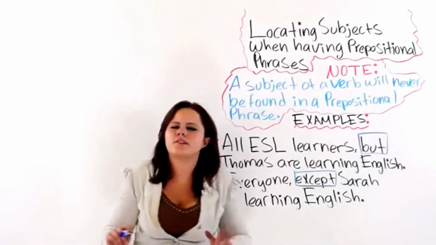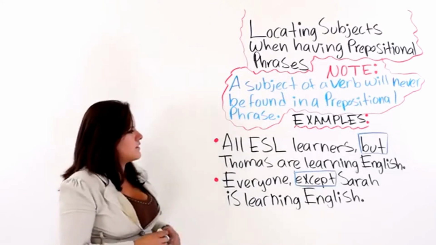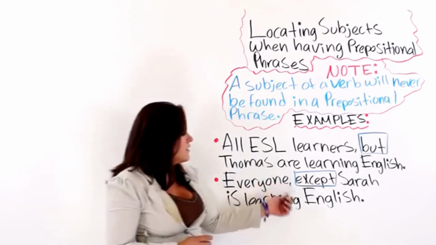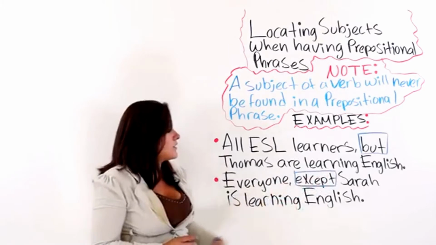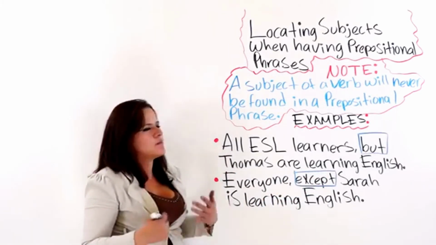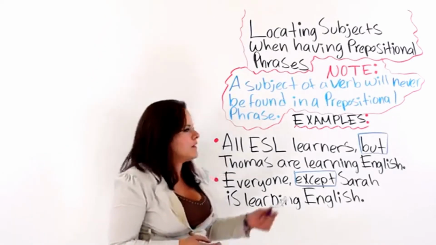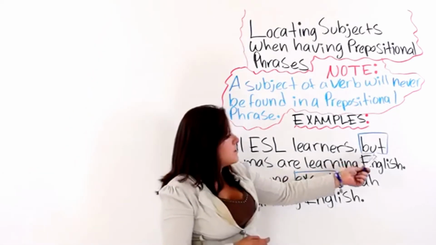Now you are going to help me underline the subject in these sentences. As you can see, I drew a box around except and but. Those are two less recognizable prepositions. But is also a conjunction.